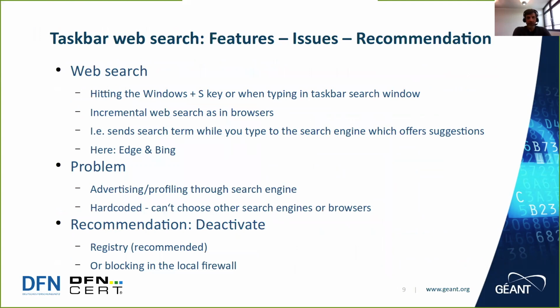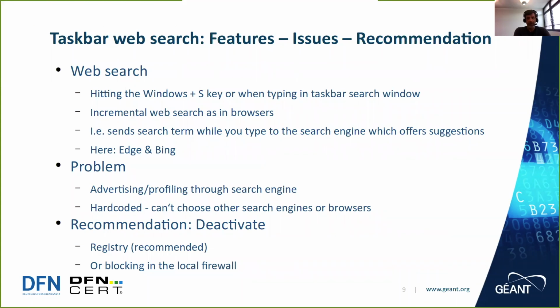Then there is the taskbar web search feature. What is it? It is simply a small search bar built into the taskbar of Windows 10. It behaves practically like the combined address and search bar on your browser.